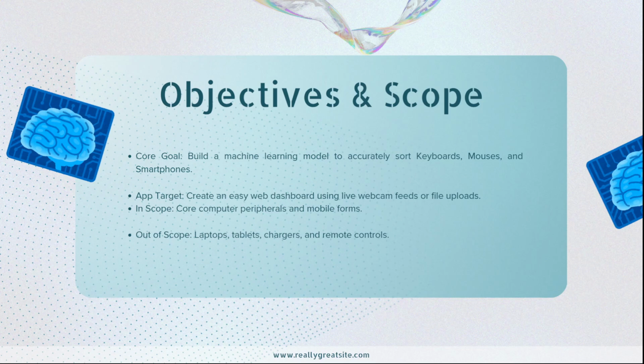For our system's scope, we focus tightly on core desktop and mobile peripheral form factors to prevent training confusion. Overlapping hardware items like laptops, charging cables, and tablets are kept strictly out of scope.